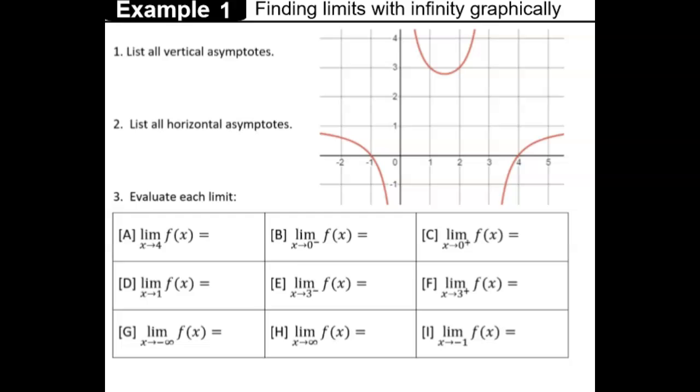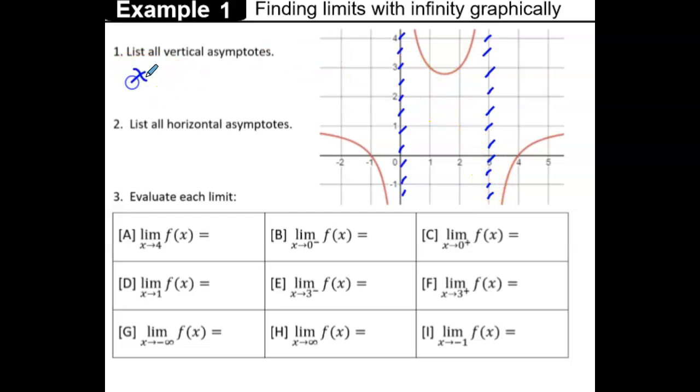First, we're going to list all of the vertical asymptotes that we see on the graph of this rational function. Those are at x equals 0 and x equals 3.